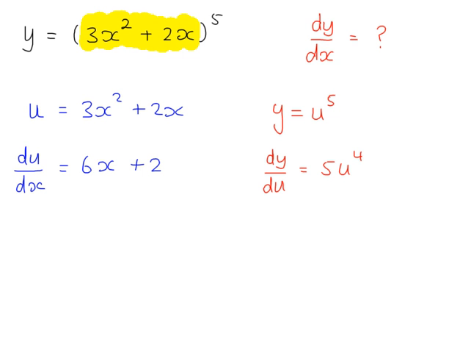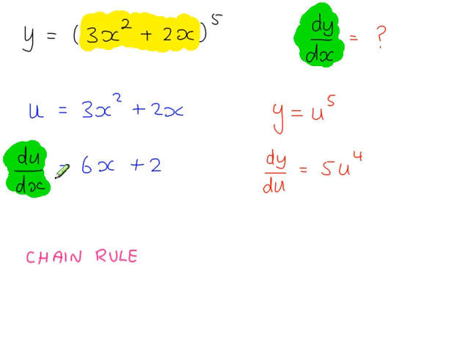Now, the chain rule is what we're going to use next, and the chain rule connects derivatives together, and we have three derivatives here. We have dy by dx, which is what we're trying to work out. We have du by dx and dy by du, and what you'll see in the chain rule is that these two multiply together to give this one.